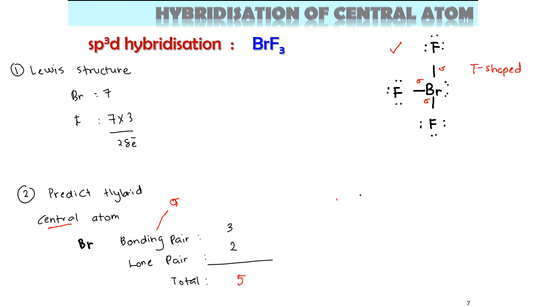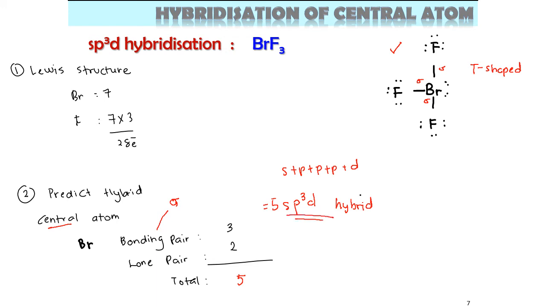For the hybrid, since the total is 5, it will be sp3d hybrid. So the total s plus p plus d is 5, sp3d hybrid. So the hybrid is this one.